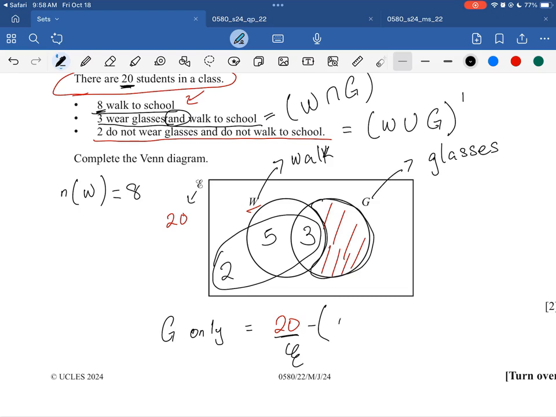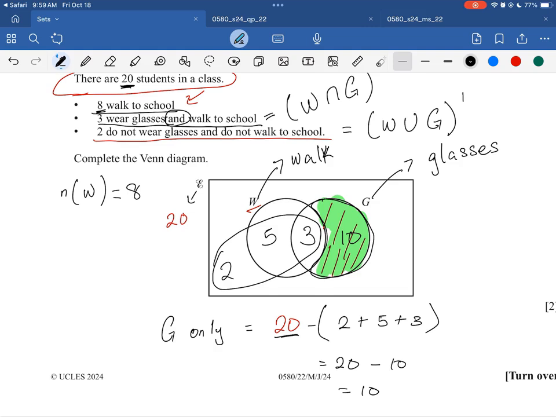So you have 2 plus 5 plus 3. 2 plus 5 plus 3 is 10. Yes. So this would be 20 minus 10, which is 10. So your G only, that means this space, your G only is 10.